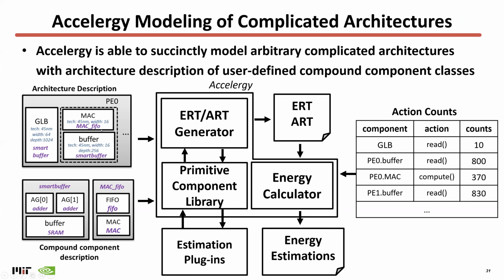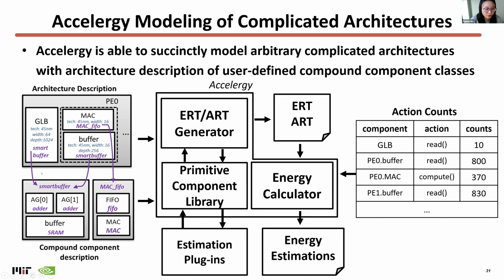And in our specific case, we have two user-defined classes. One is a smart buffer. One is a MAC with a FIFO, which is called a MAC FIFO. It's basically a MAC with a FIFO channel. And what the compound component description does is to describe what each user-defined class means.